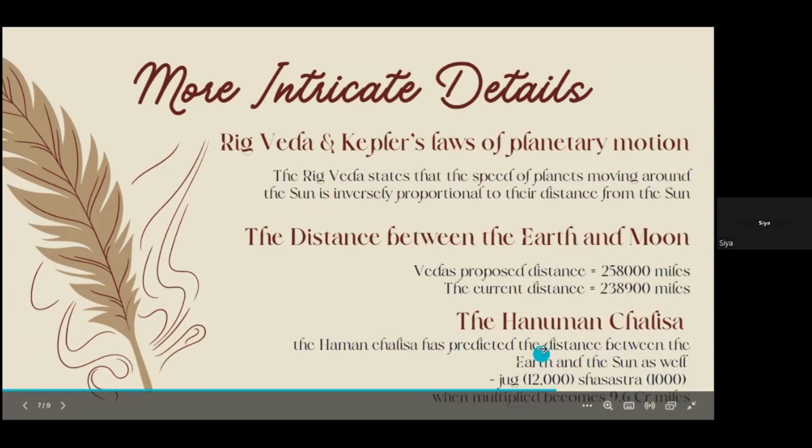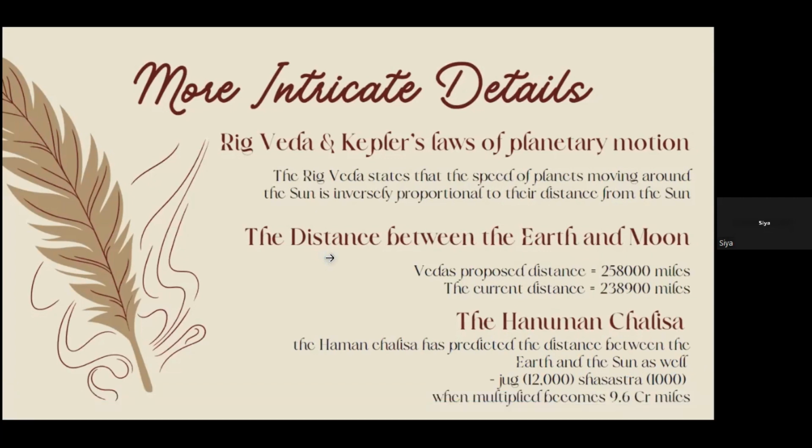In Hanuman Chalisa, it is written Jug Shahastra Jojan. Jug is 12,000, Shahastra is 1,000, and Jojan is 8. When you multiply all of that, it becomes 9.6 crore miles. And currently, the distance between the Earth and Sun, which astronomers have calculated, is 9.3 crore miles.